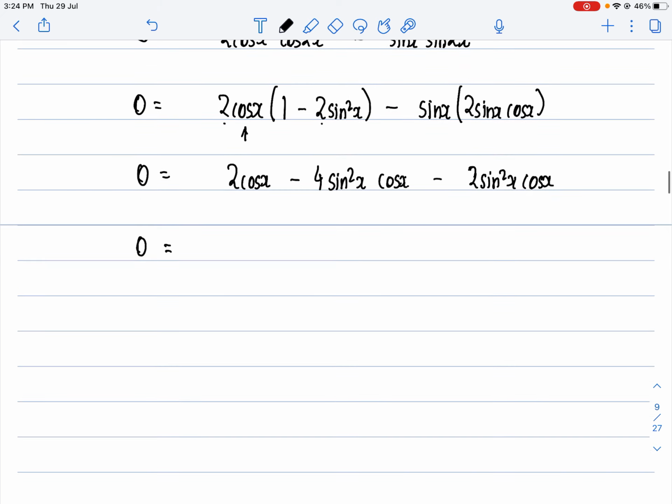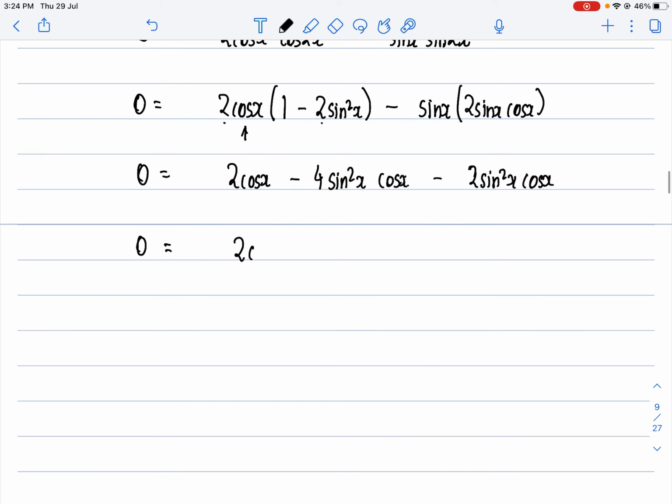I have 0 equals to, I can write this as 2 cos x. I know I can write this as minus 4 minus 2, which is minus 6 sine square x cos x.